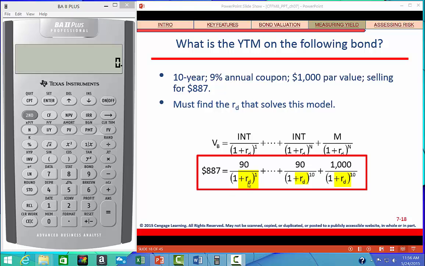So if you first tried 9.5, then you tried 9, this would take forever because you would be constantly trying new numbers to make this equal $887. And so this is why the calculator is great, because it solves this process really quickly. The calculator can do an iterative process where it gets the right answer.